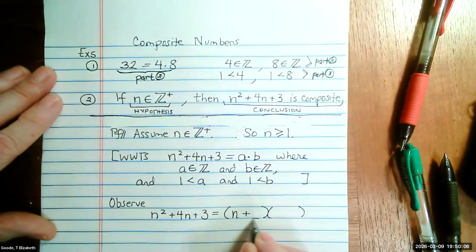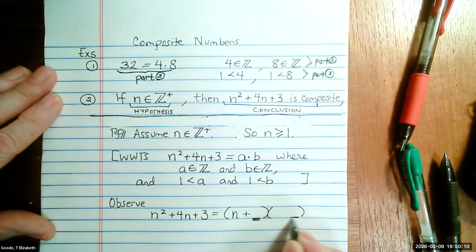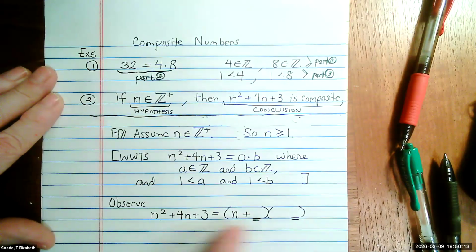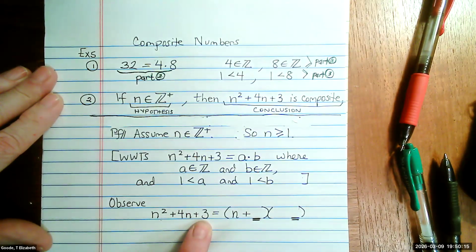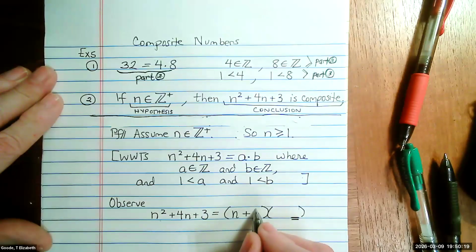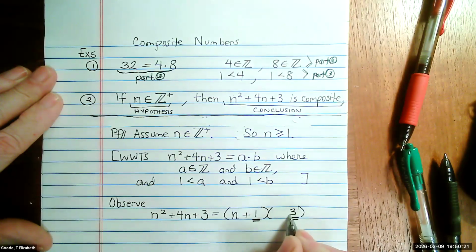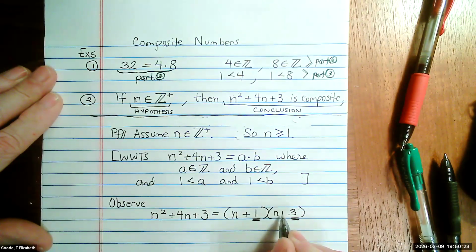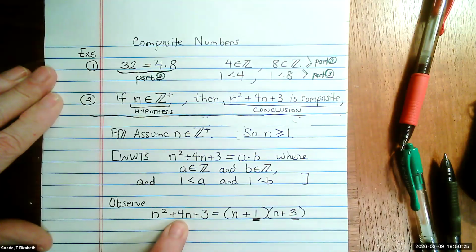All right. The numbers that go here and here have to multiply together to be 3, so one has to be 3, one has to be 1. That's right. And they add up to 4.